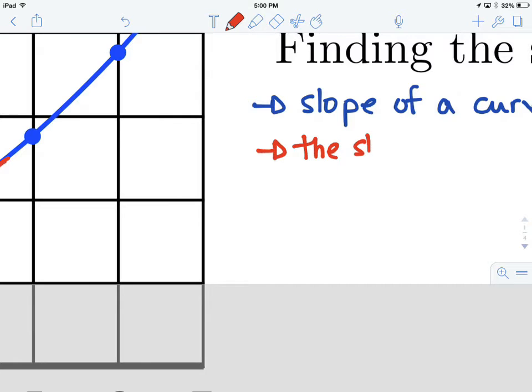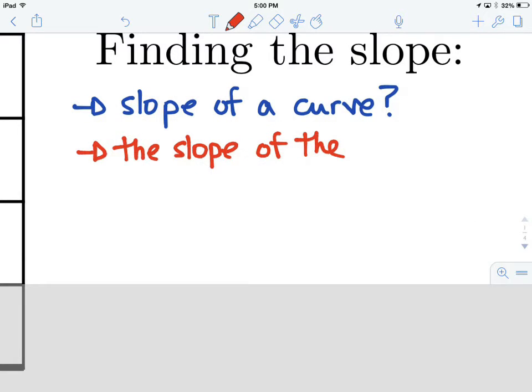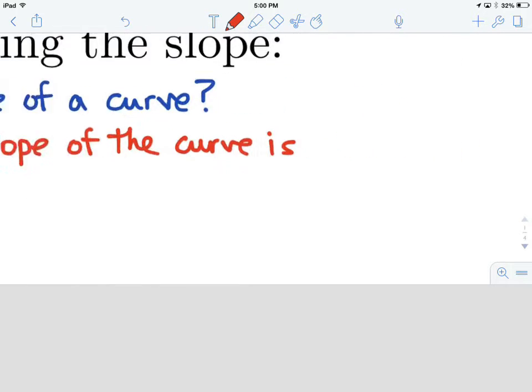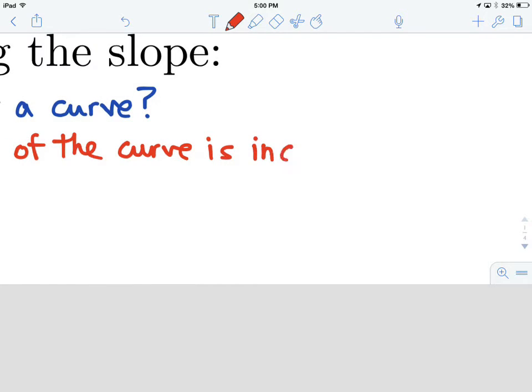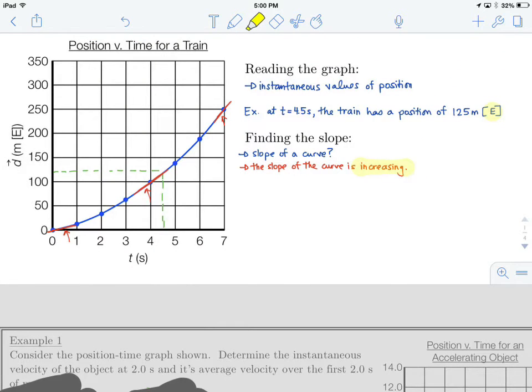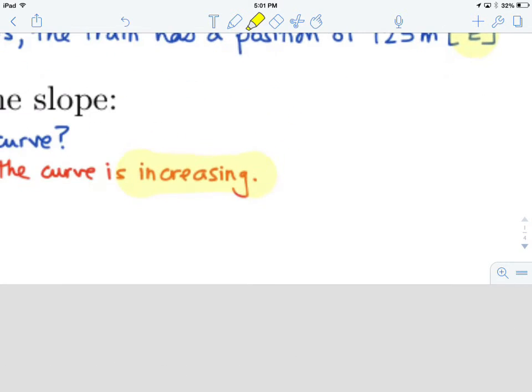The slope of the curve is increasing. Okay, and this is important because when we talk about the slope on any position time graph, this is telling us something.